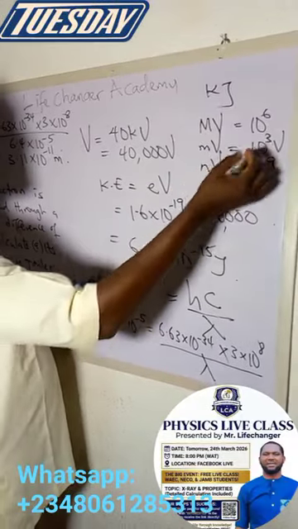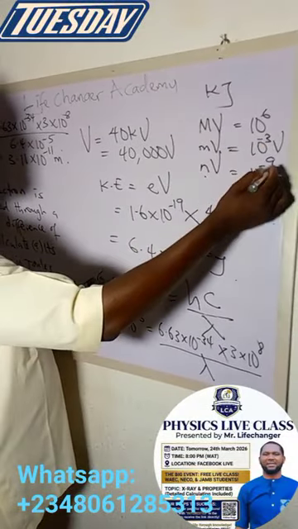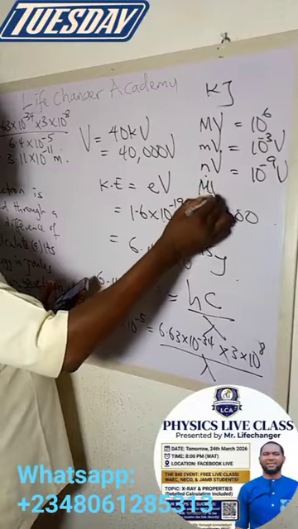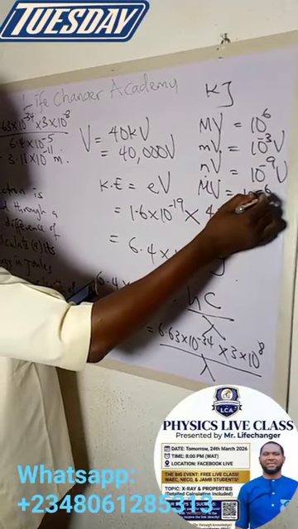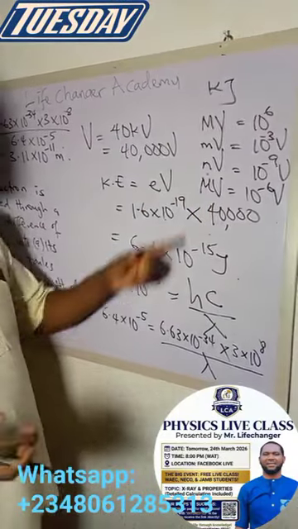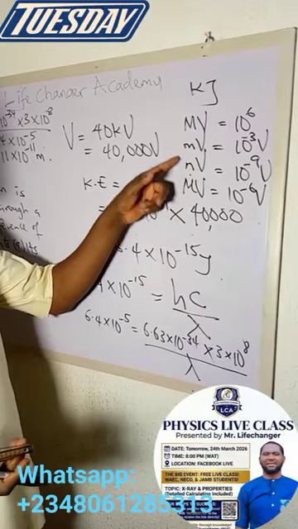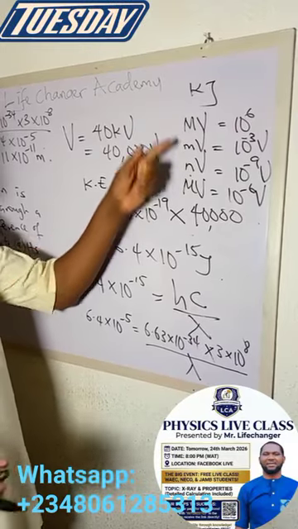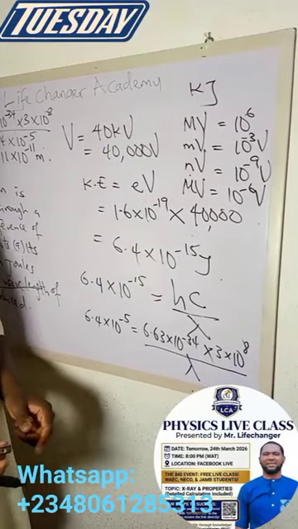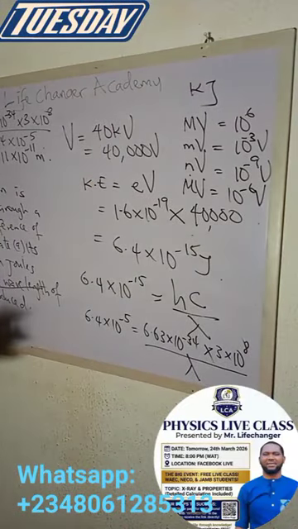It can be microvolts, that is 10 raised to the power -6 volts. So you need to know some of these subunits. It's very important. Always learn the subunits. In one of our classes, I'm going to show you how to recognize subunits.